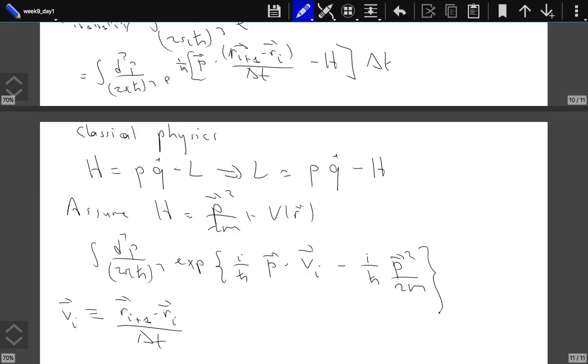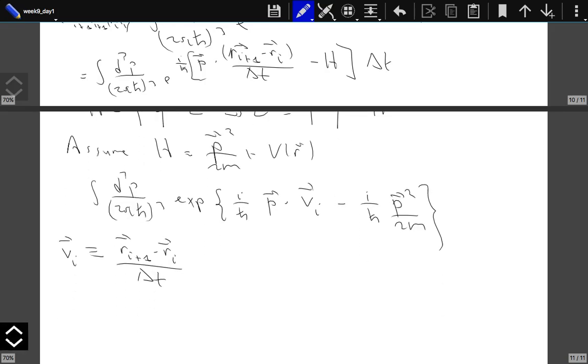But this is nothing but the Gaussian integral that we had evaluated before. It has the same form.